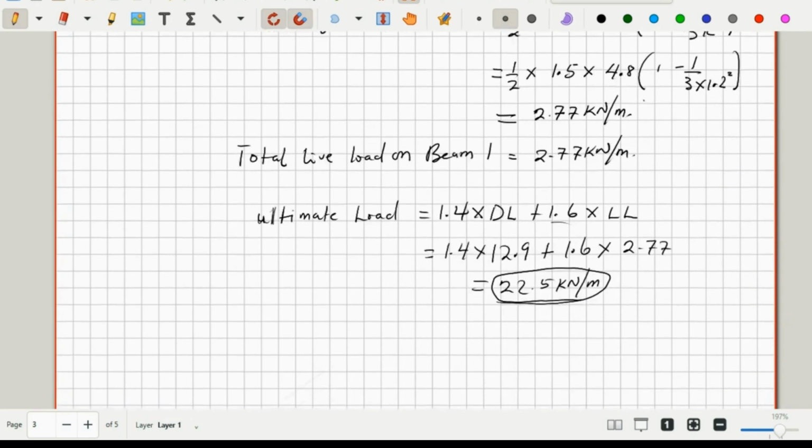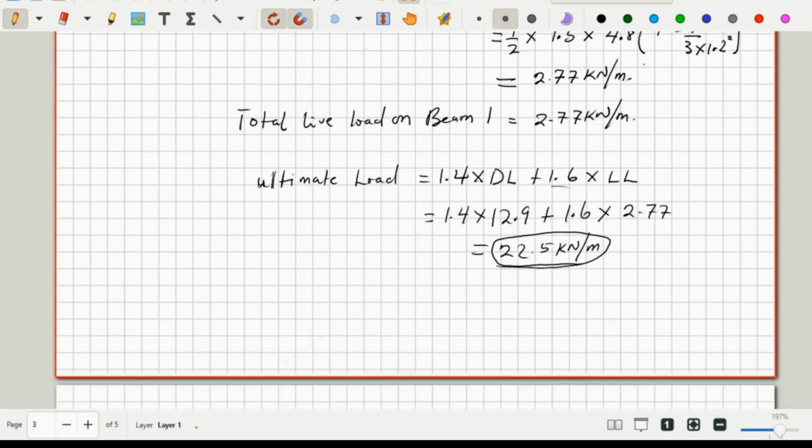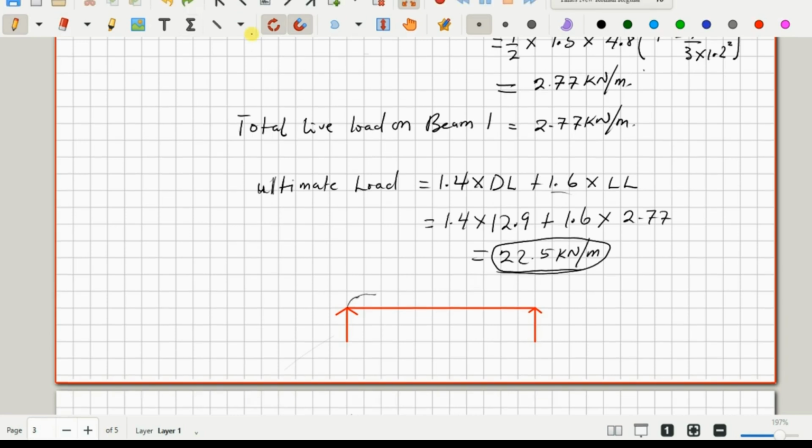So if I just do a quick sketch, we'll have a uniformly distributed load with magnitude 22.5 kilonewton per meter, and this will be our grid line A, and this will be grid line B, and this is the span here.